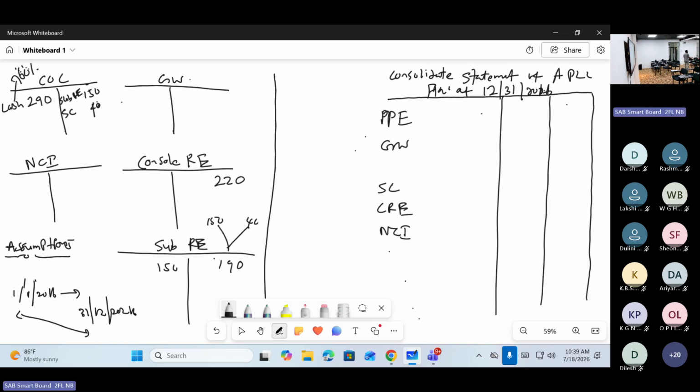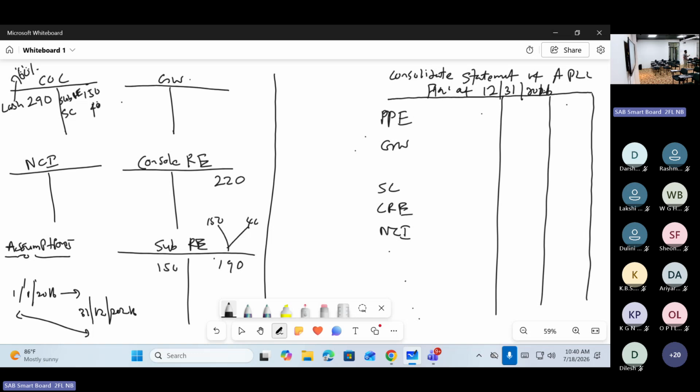In that previous question it was clearly given: as at the acquisition date, the NCI fair value is 2 million. It was given, but here he is silent. Do we stop the calculation and just look up? No. What are we supposed to do?